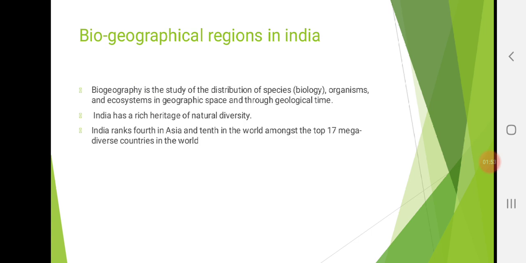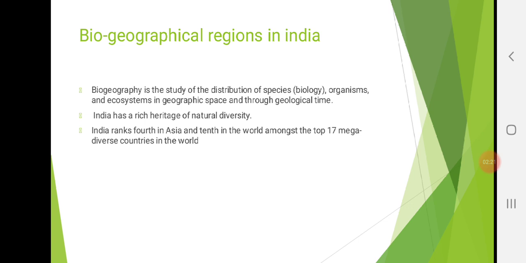Next, biogeographical regions in India. Biogeography is the study of the distribution of species, organisms and ecosystems in geographical space and through geological time. India has a rich heritage of natural diversity. India ranks 4th in Asia and 10th in the world among the top 17 megadiverse countries.